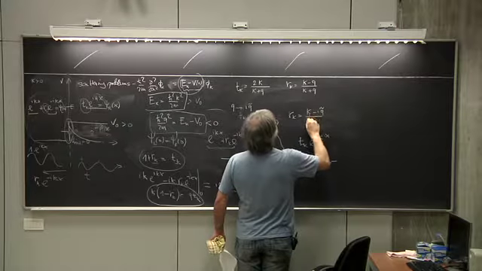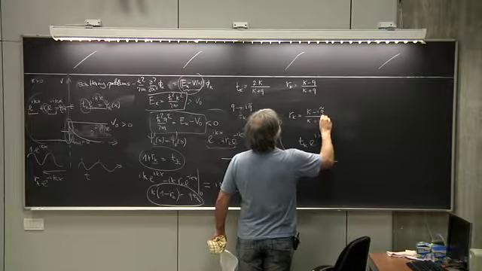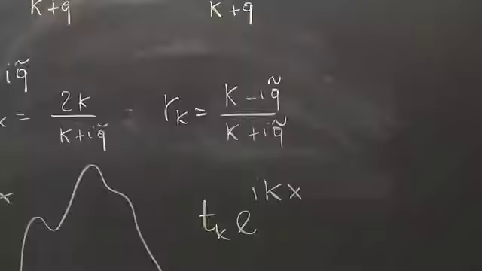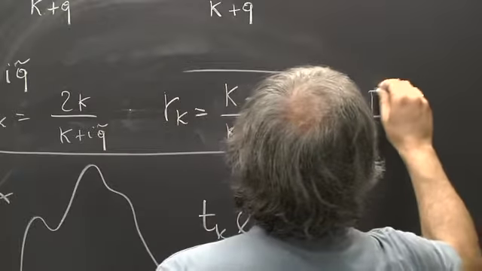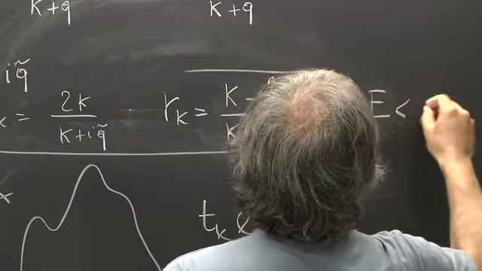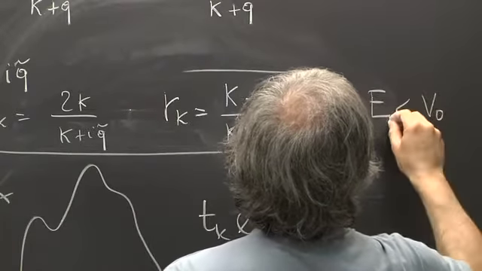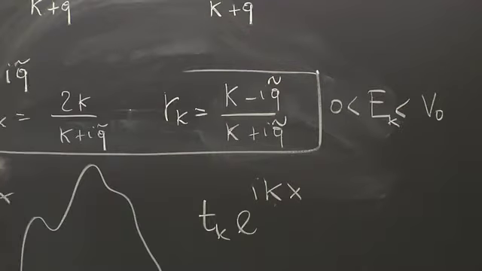Okay, so I write simply now the solution corresponding to E positive, obviously, but less than V0, okay? Once again, you can calculate all the ingredients here.